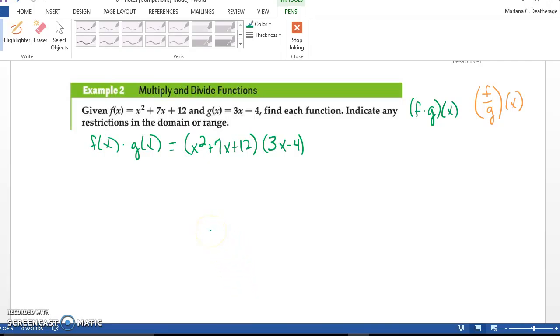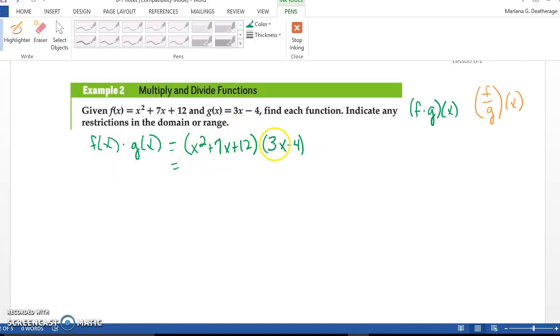And you're going to do the distributive property. We can't do FOIL because this is a trinomial. So we're going to have to take x squared and multiply it by both of these, 7x times both of these, 12 times both of these. You've got to be really careful, but as long as you're careful, you should be okay.